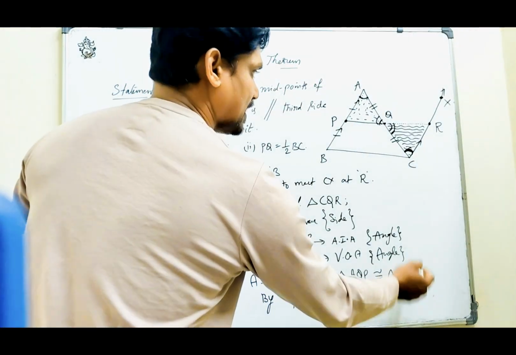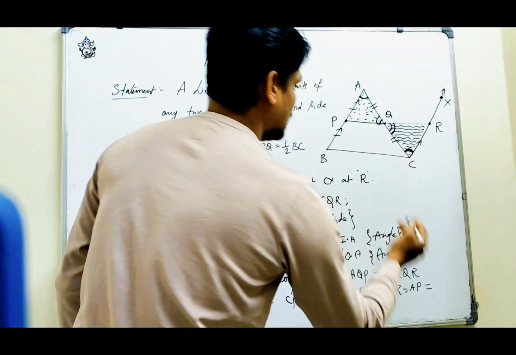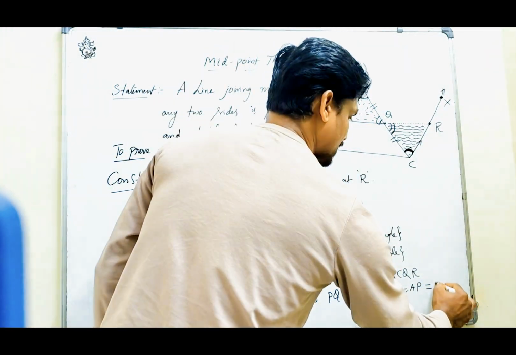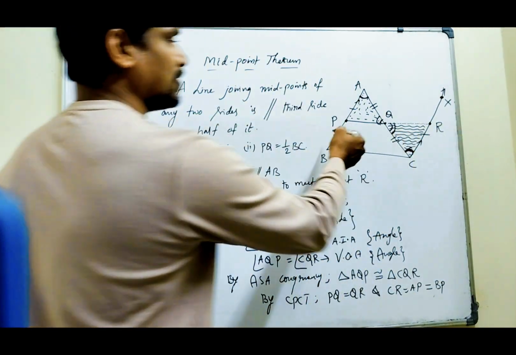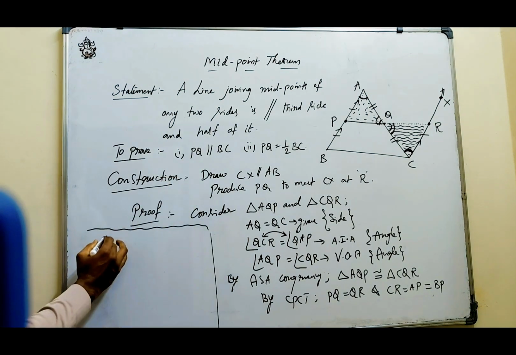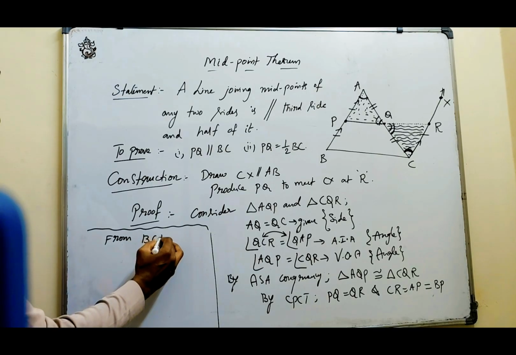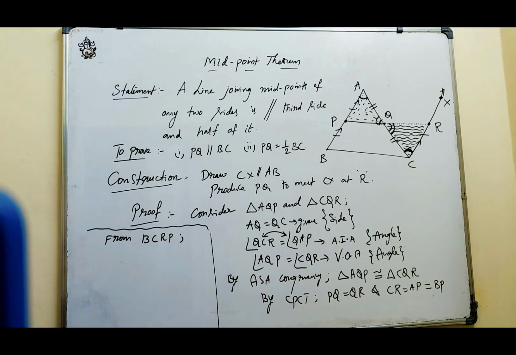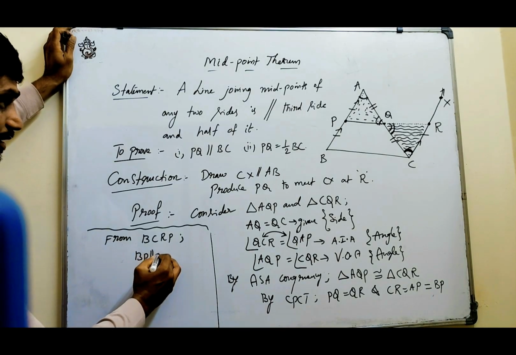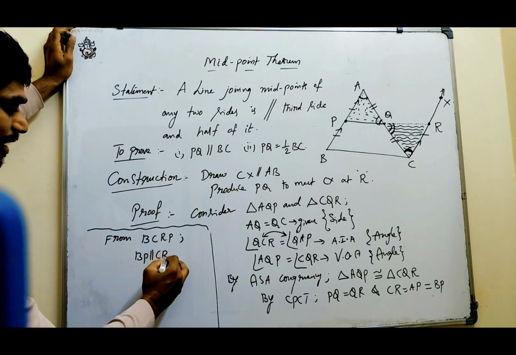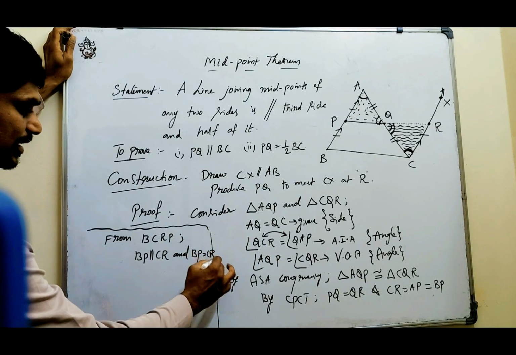Therefore, already AP is equals to BP, right? So can I also write AP is equals to BP? We proved CR is equals to BP as well. From BCRP, BP parallel to CR and BP is equals to CR, correct?